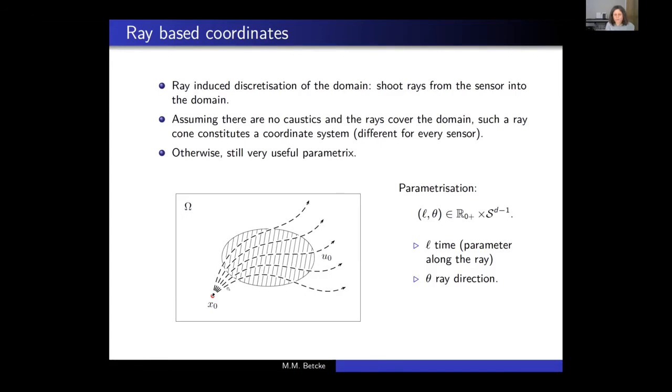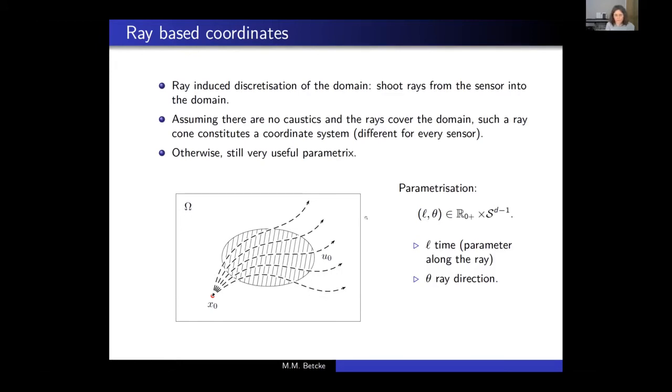If these rays are nice, so if they don't intersect or interact in other ways, essentially if they don't form caustics, and if they cover the whole domain without shadow regions and so on, then we actually have a coordinate system that we obtain in this way.